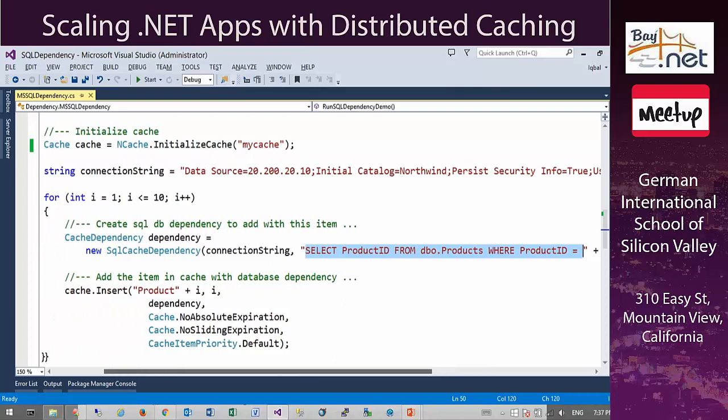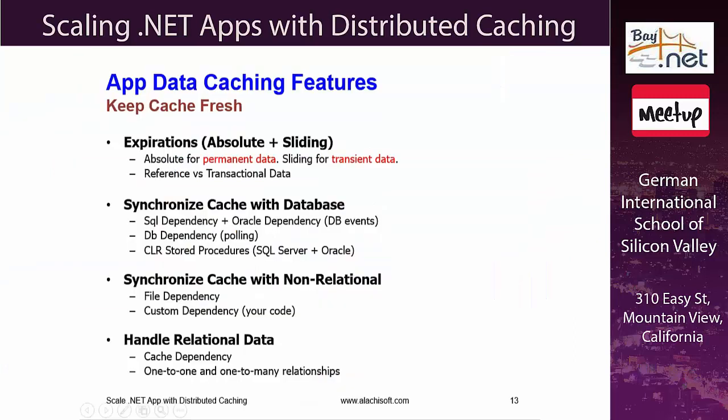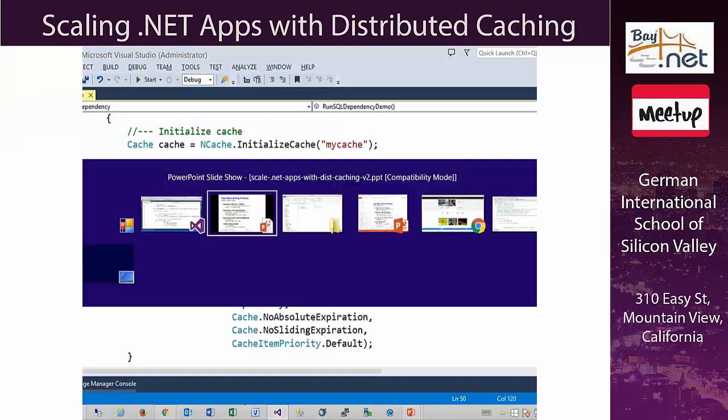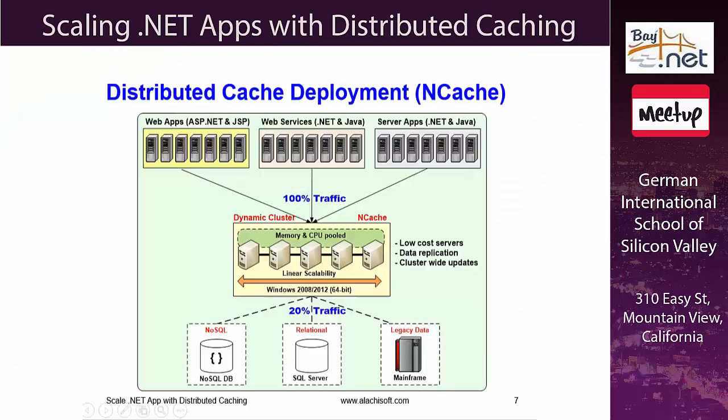Because SQL Server has this SQL cache dependency feature, and Oracle has an Oracle dependency feature in the same fashion, both of which use database notifications, NCache now becomes a client of your database.